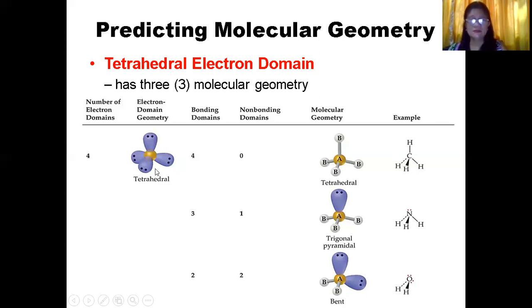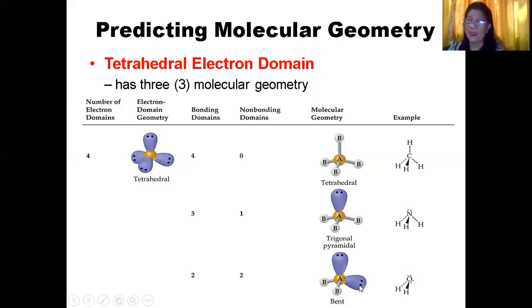Another is tetrahedral. Under tetrahedral, how many are there? Under tetrahedral, there will be three: the tetrahedral, the trigonal pyramidal, and the bent also. But the bent has four, with two lone pairs, take a look.